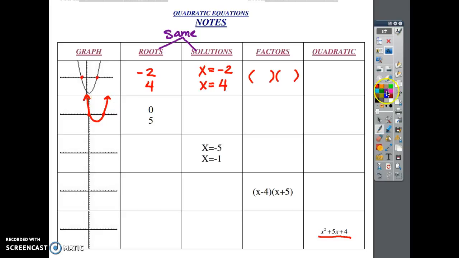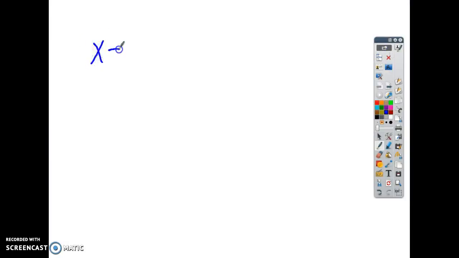Now here's the tricky part. To go from solutions to factors, you will change the sign. Okay, so make sure that you're writing this down on your papers. You're changing the signs, and I'm going to show you why. If the solution is x equals -2, and I want to make it look like a factor, then all I need to do is move the -2 back over here with the x.